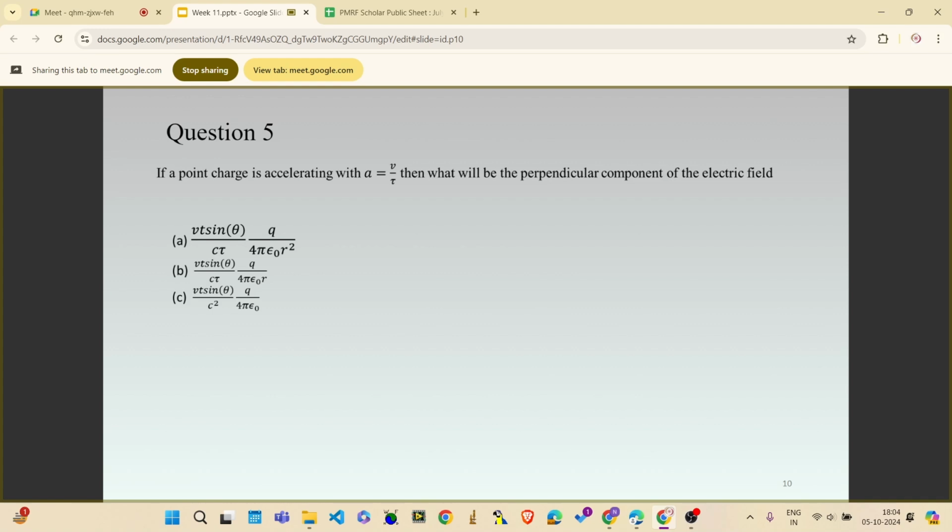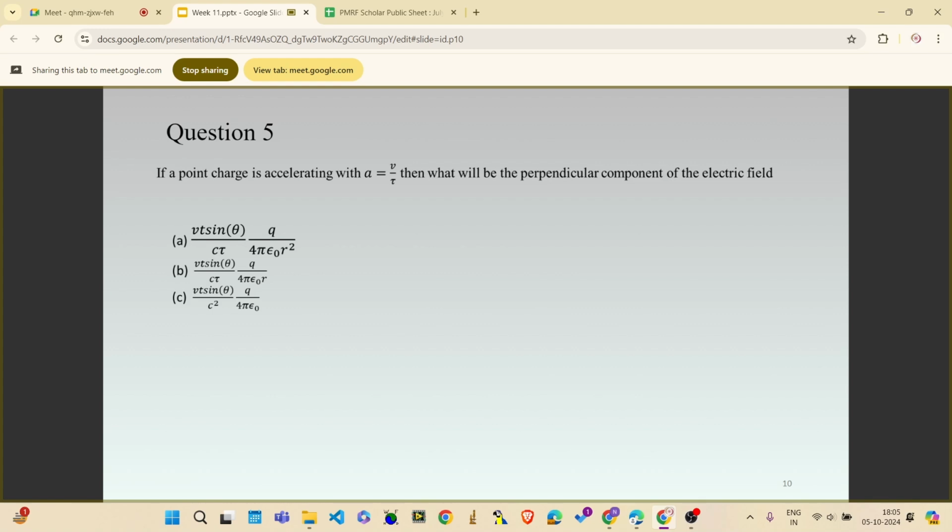You just take the ratio of this. From here, this distance is like this. So it's Bt sine theta over c tau into q over 4 pi epsilon naught r square. So we can see the electric field depends like, sorry, it's not R square.